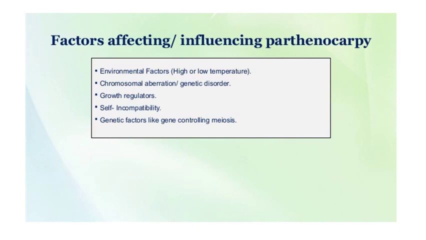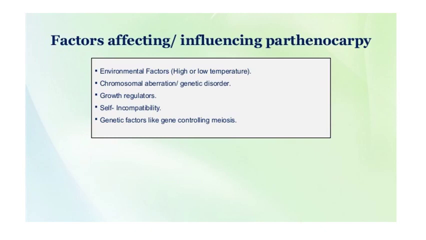The fruit production due to these environmental factors is impaired. Parthenocarpy is also affected due to chromosomal aberration and genetic disorders.